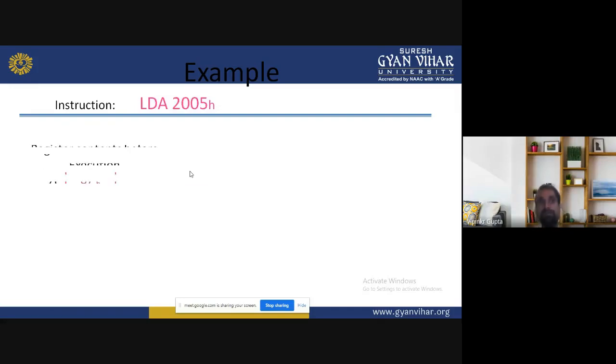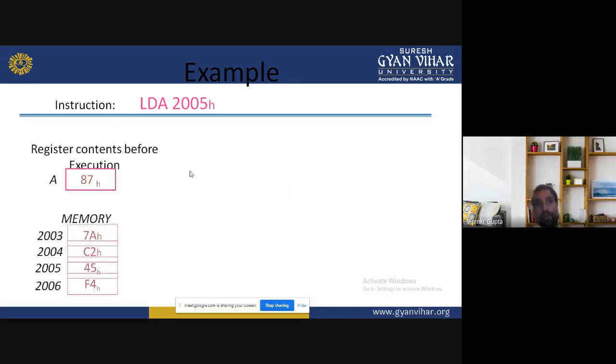Now come to the next: load accumulator 2005. What is the meaning of this instruction? First I will discuss the meaning. LDA: LD means load, A means accumulator, and 2005 is the address.